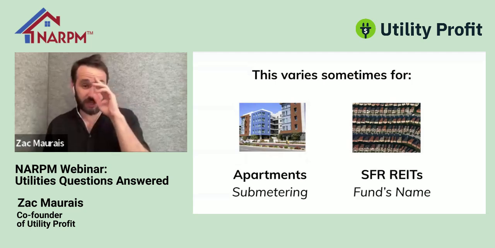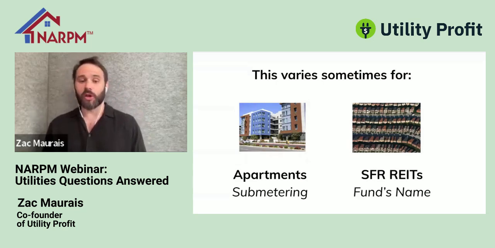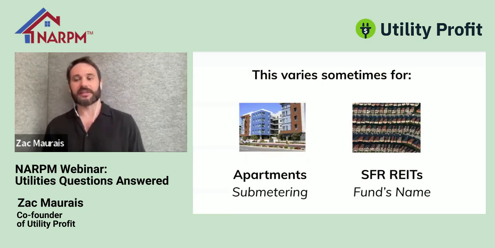And then the other detail is that apartments will typically have certain utilities that will be directly in the tenant's name, whereas other utilities might have to get submetered. One example of this might be water. So maybe the water is set up for the entire building.